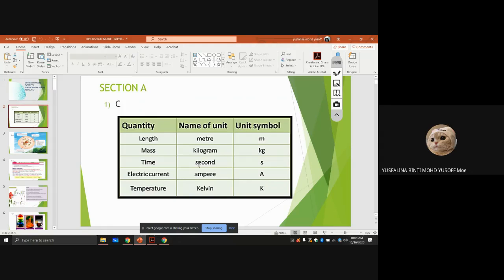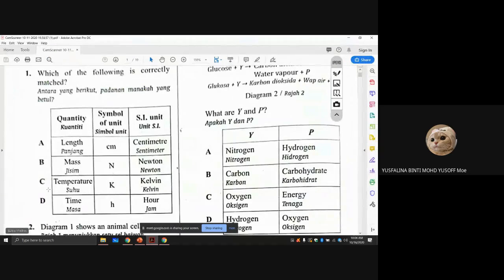Time must be in second, and the symbol is s. Electric current is ampere, and the symbol is A. Temperature is Kelvin, and the symbol is K. So from this, you can see the correct answer is actually C.